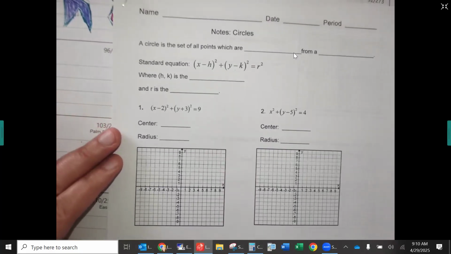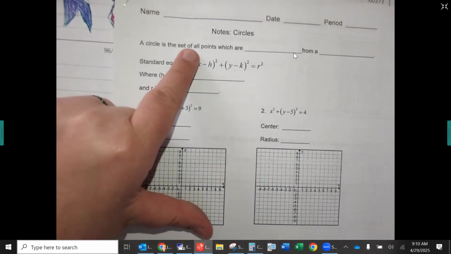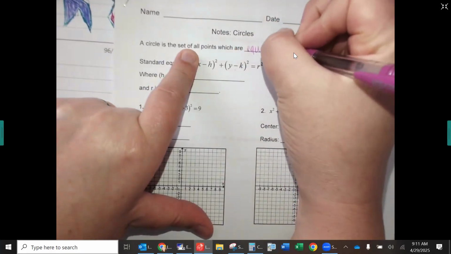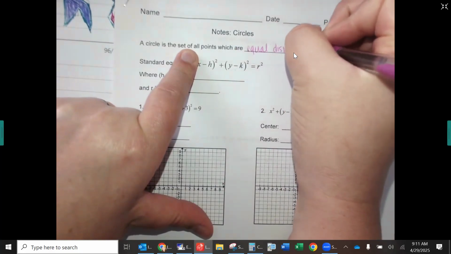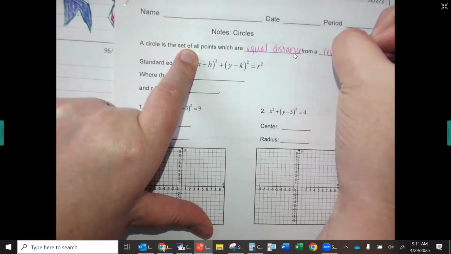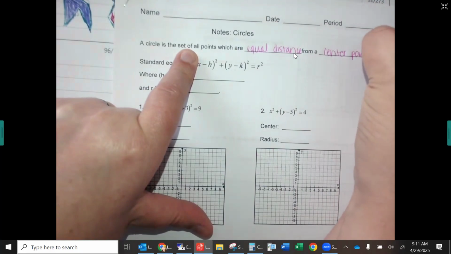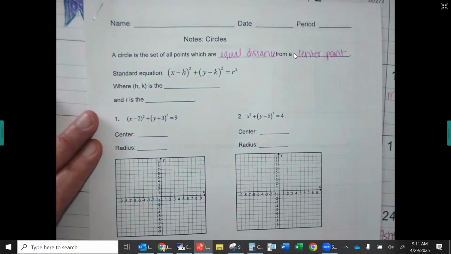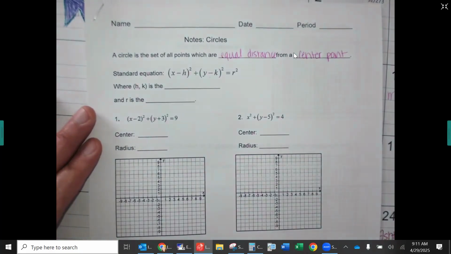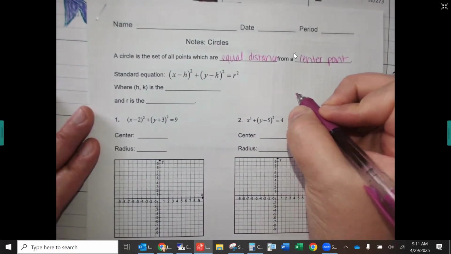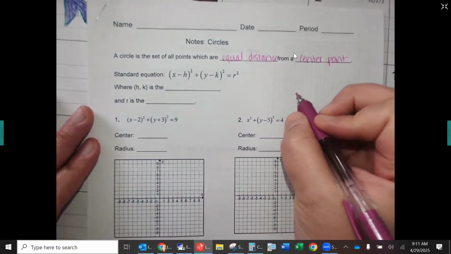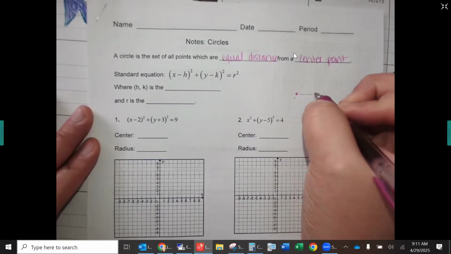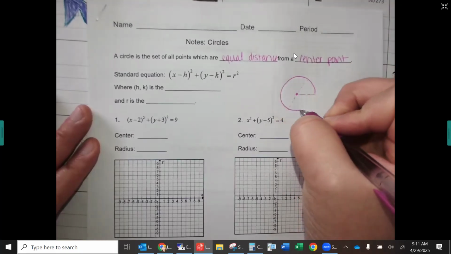So first thing, a circle is a set of points that are all an equal distance from a center point. If you were to have a particular center point, obviously this picture is not going to look perfect, but let's pretend that if you count the same distance around the circle wherever you go, that is how you create a circle.